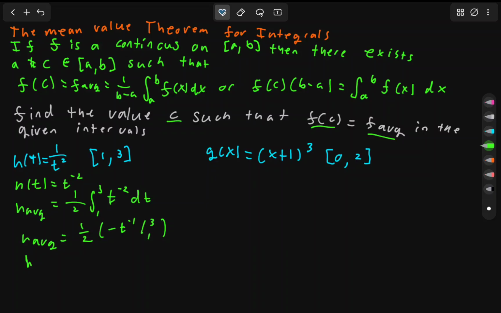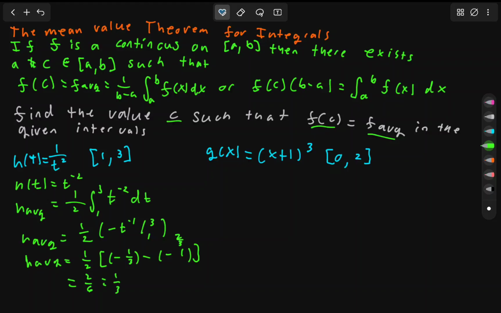So we get this value, h average, is equal to 1/2, and then in parentheses here we have negative 1/3 minus negative 1 over 1, which is just 1. So we get an answer of 2/3 inside of this right here. So we will get an answer of 2/6 is the average value, or 1/3.